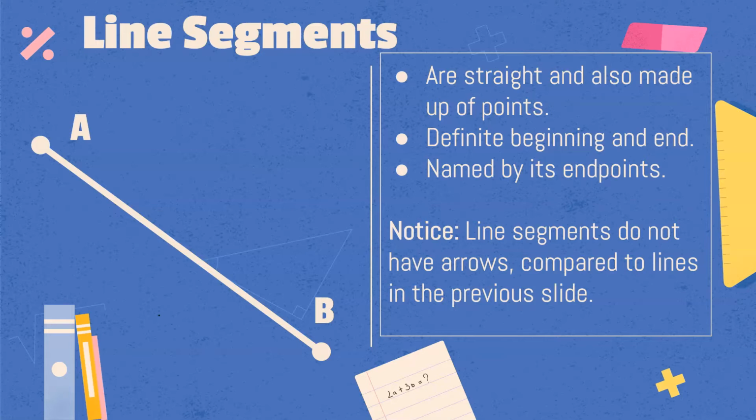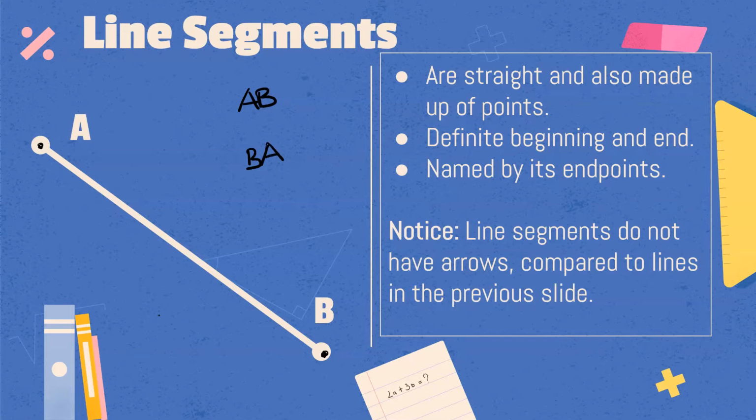And so these points are called endpoints. And so to the left here, this line segment has endpoint A and endpoint B. And so line segments are named by their endpoints. So with this line segment, we would either name it AB or BA.